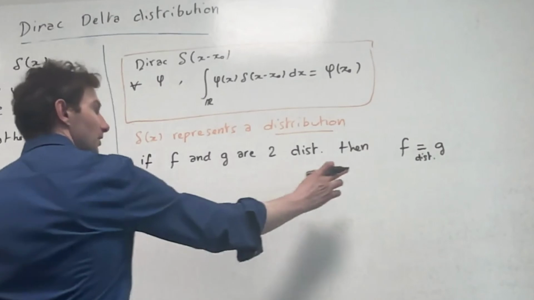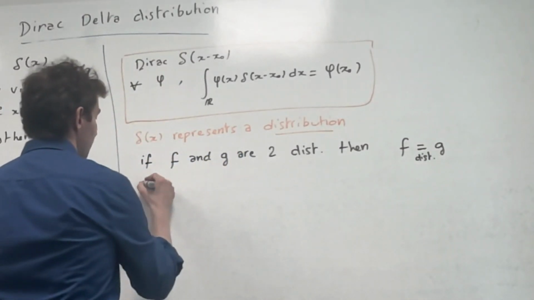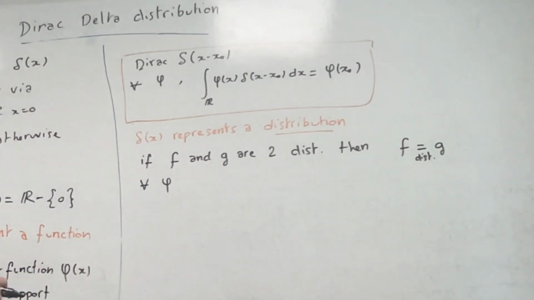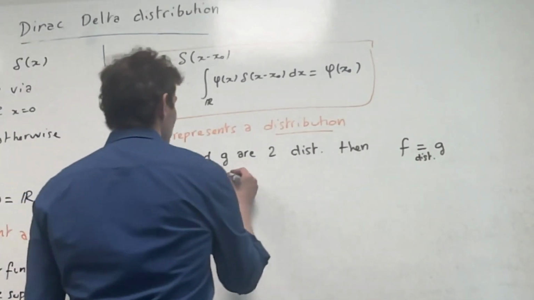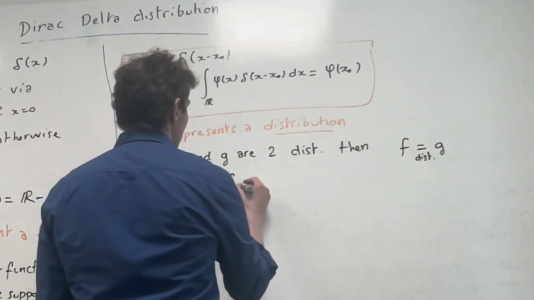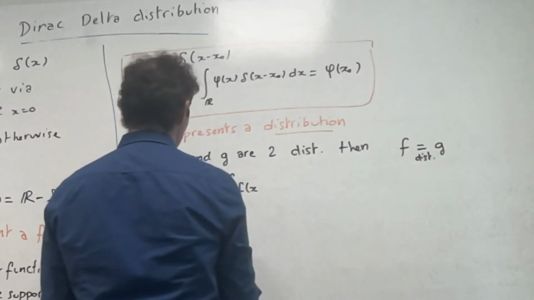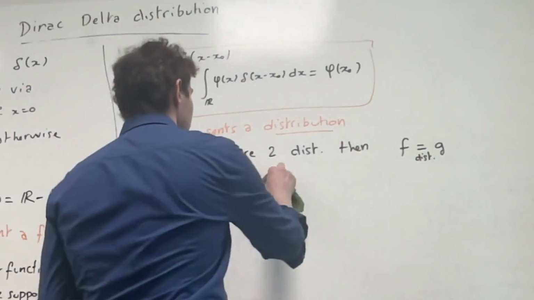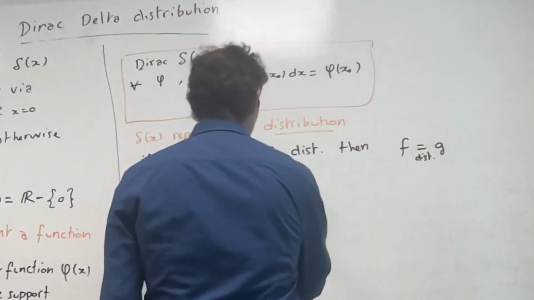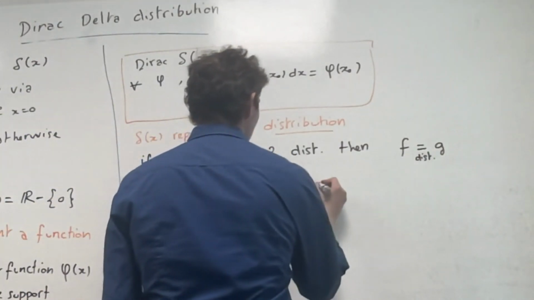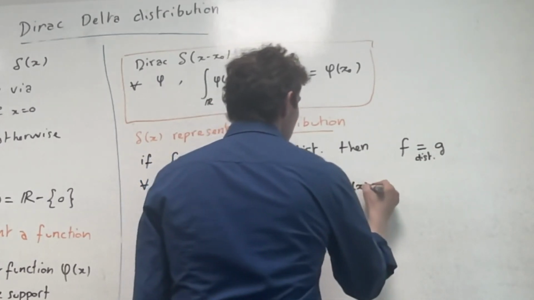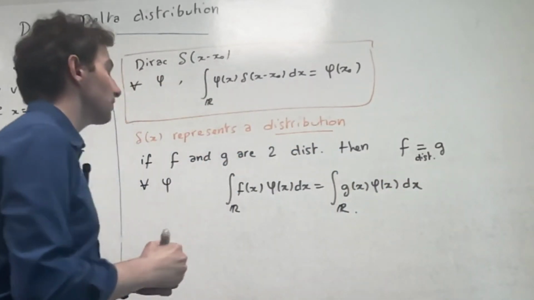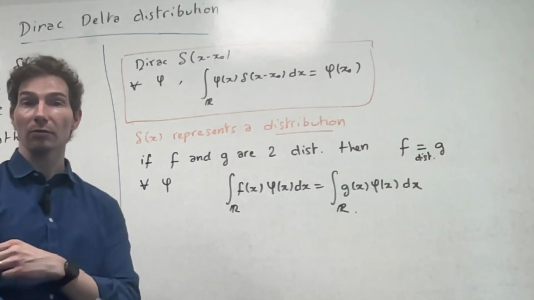And so what we say is that f is equal to g if, for any phi, so again any test function that has these two properties, the integral over R of f of x phi of x dx is equal to the integral of g of x phi of x dx. Okay, so that's how we define the equality of f and g.